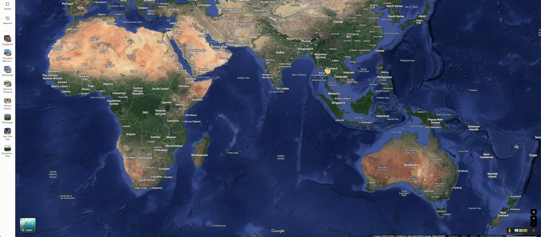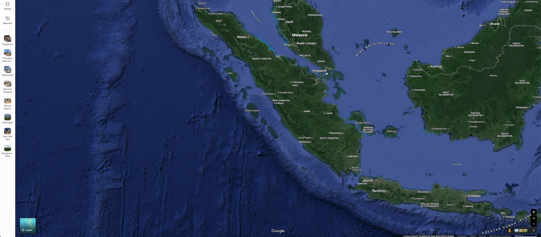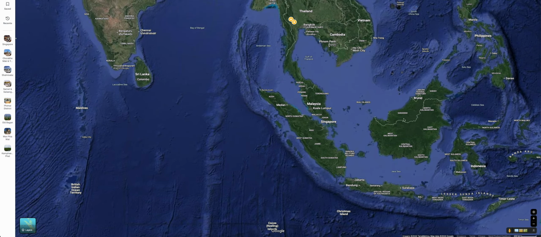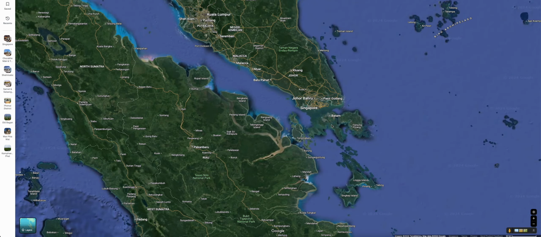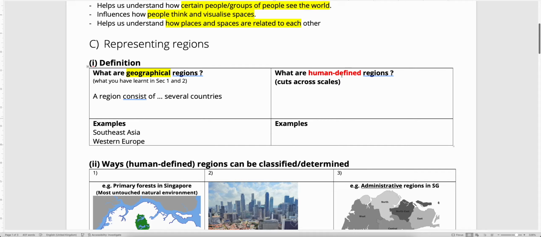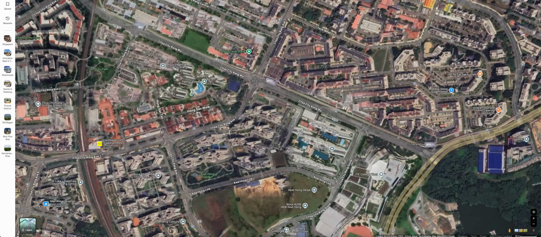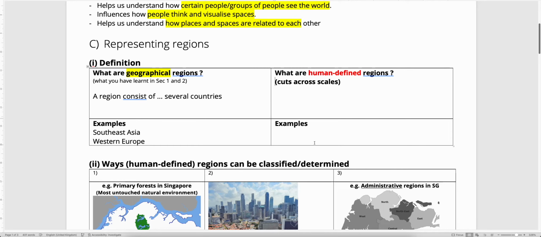If you're looking at just Singapore, it's a national scale. Just Malaysia is a national scale. But if you look at multiple countries together, it is regional scale. But for this human defined region, it can be as small as within a country or even smaller, within a town. So it is very fluid.